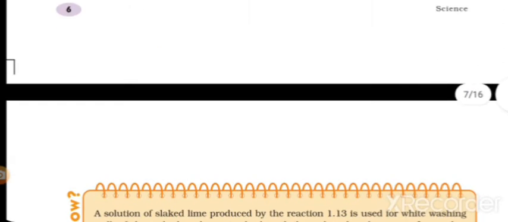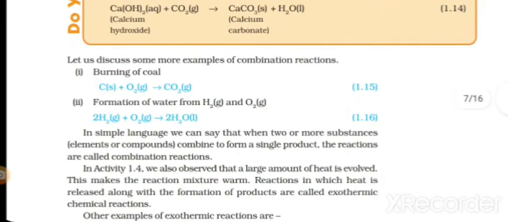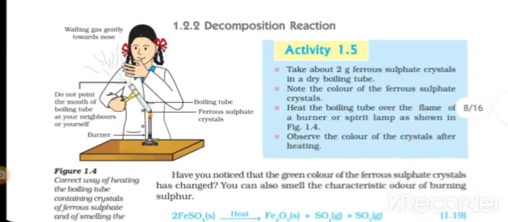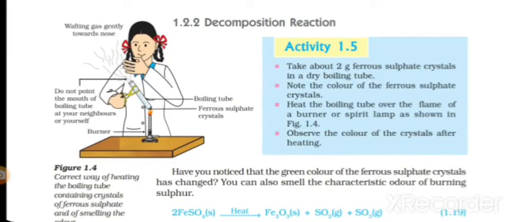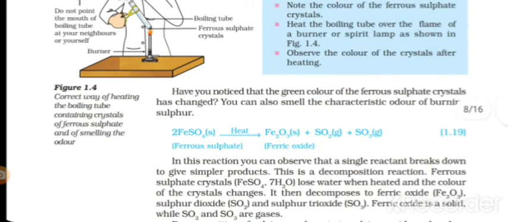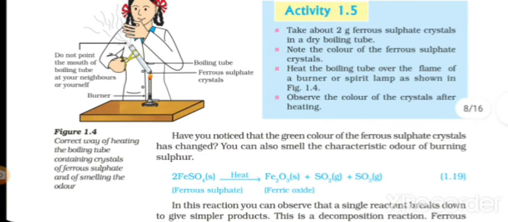Okay, now coming to the next part, we will be studying one more type of chemical reaction, the decomposition reaction, in which there is a fragmentation of the substance. That chemical reaction is called what?